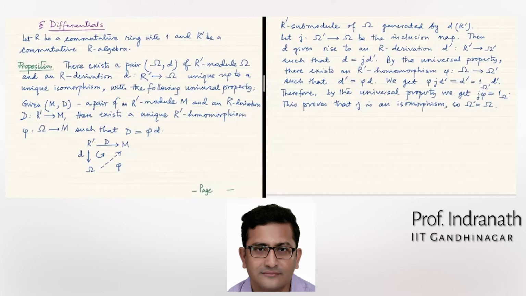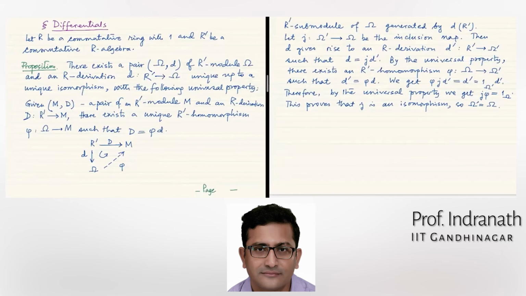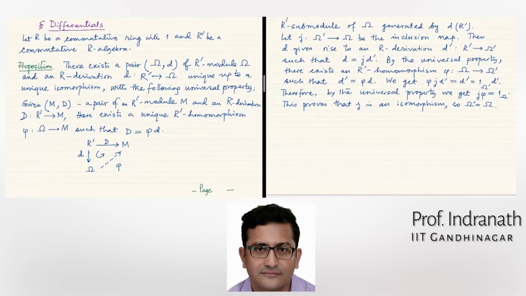And then you get this. Then uniqueness in the universal property tells you that this J phi has to be the identity, and that proves that J is an isomorphism. So omega dash is equal to omega.